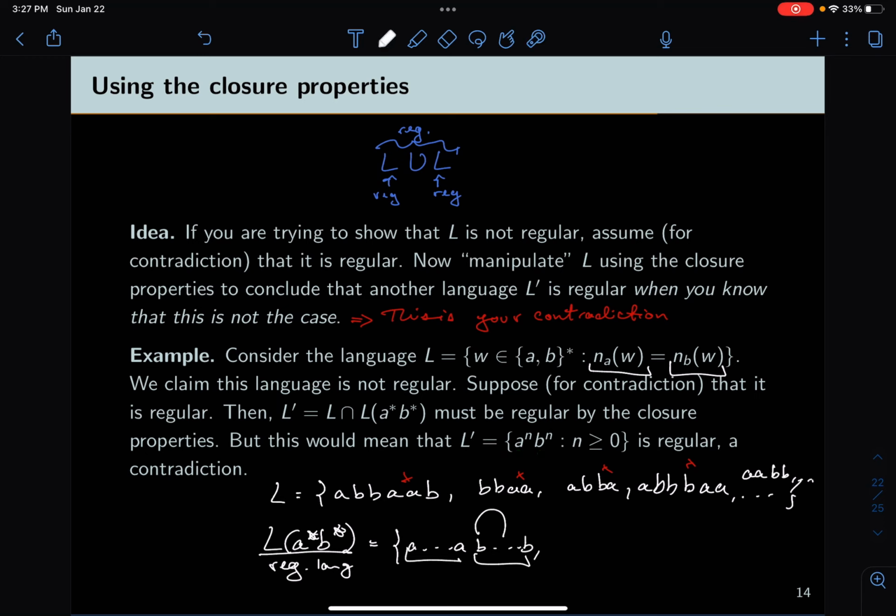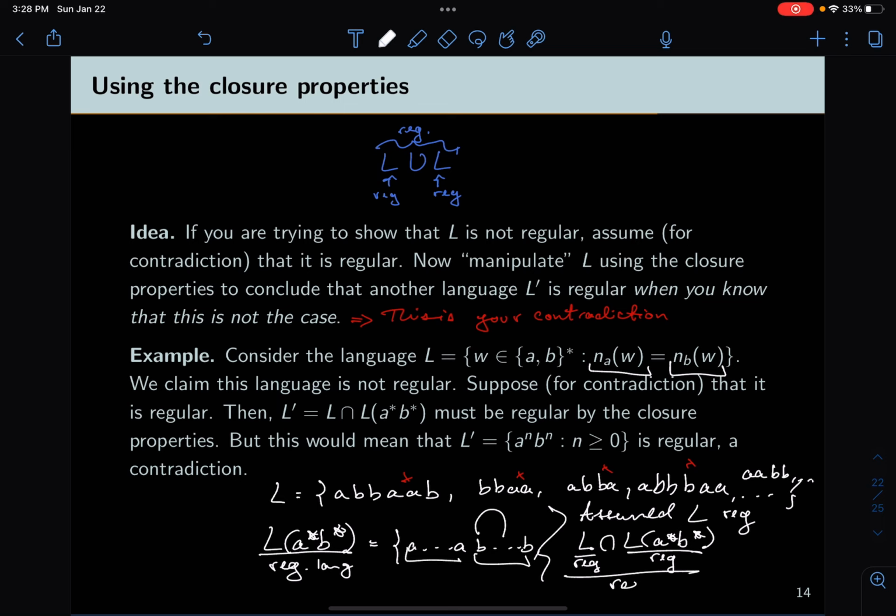But what have we done here? We've assumed L to be regular. Then we've taken L intersected with another regular language, so this is regular. We assumed this is regular, so we must get another regular language, which means we conclude that A^n B^n is regular.